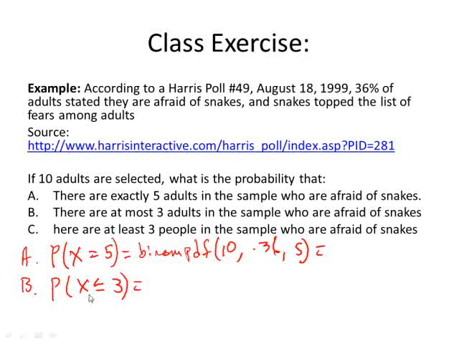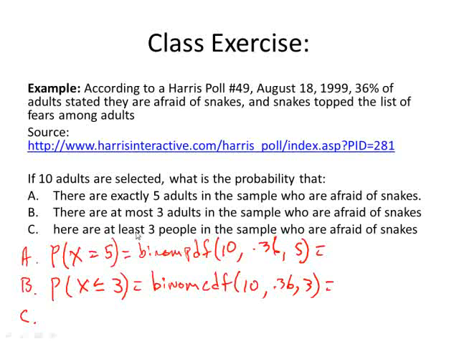CDF. And is this in the appropriate form for the CDF? Yes. So binom CDF takes 3 parameters: n is 10, p is 0.36, comma, x is 3. Again, this is button pushing. I'll let you do it.